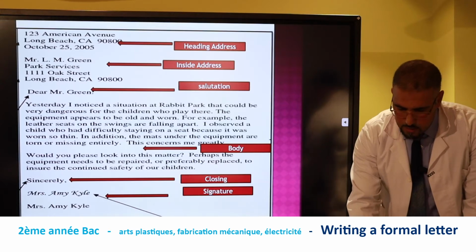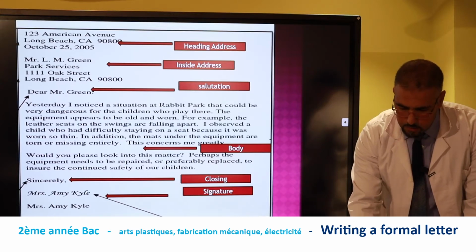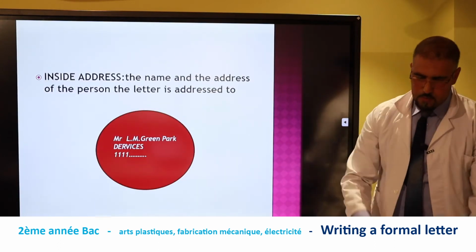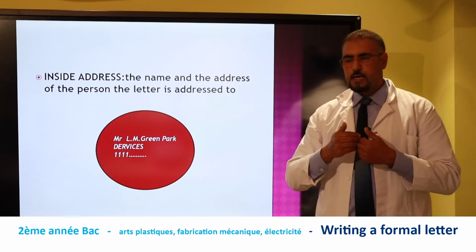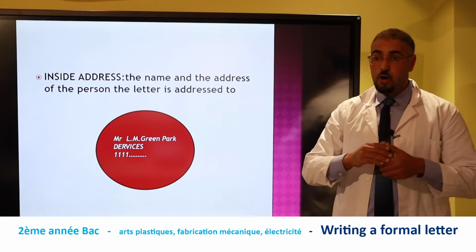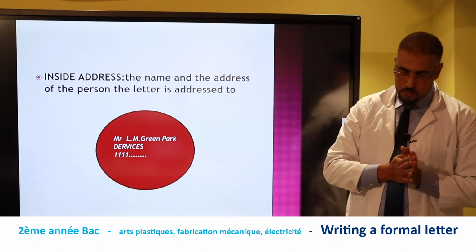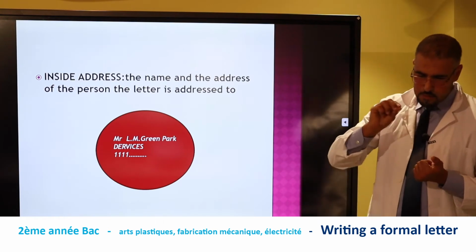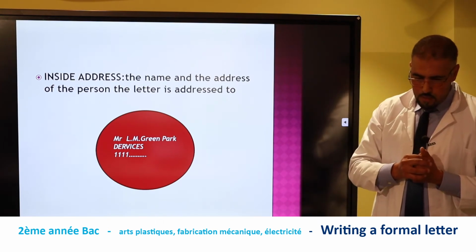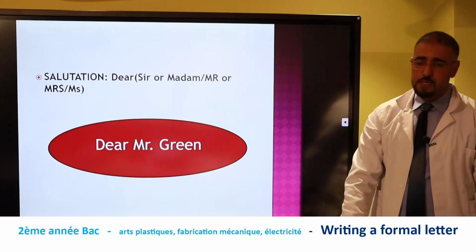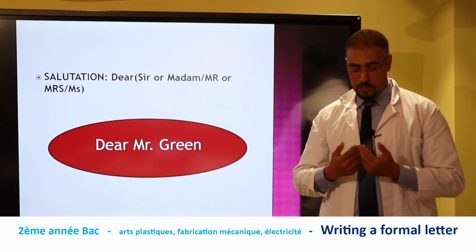Okay? We move to the second one, which is the inside address. This is the address of the person you want to address, or the company you want to address, or the area you want to address. You write the full name and the address. Good. And then we have something called salutation or greeting.